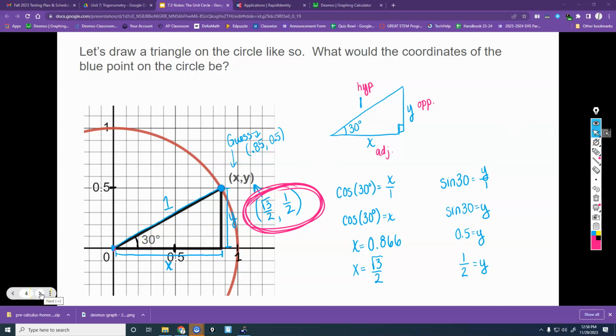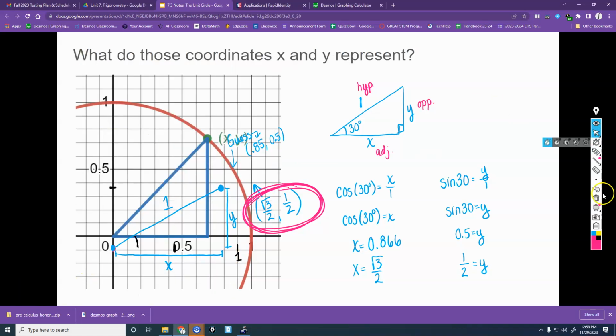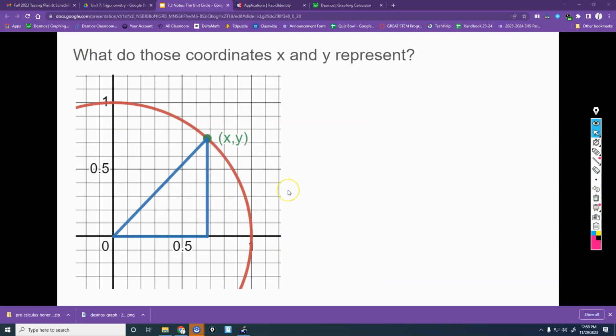So now let's talk about what these represent. Okay. So we want to know, what do these coordinates x and y represent? So let's say I've put a different point on here and I did not give you the angle. So this is still the unit circle, and I've given you a different point, right? This is just a hypothetical point that we're using here. So this angle right here, I'm just going to call it theta.